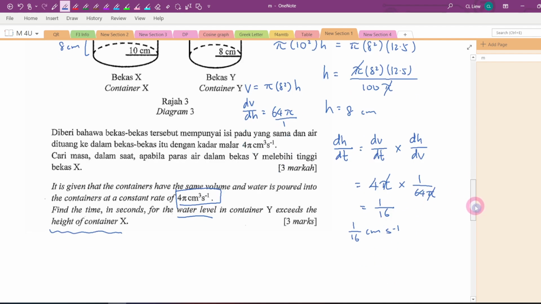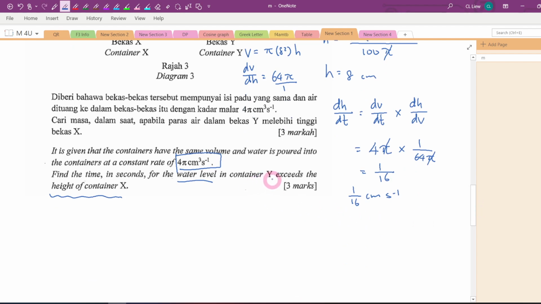Okay, so the question asks us when the water level in the container Y exceeds the height of the container X. Okay, so every single second will increase 1 over 16 centimeters. So t seconds, it will be 1 over 16 times t, right?